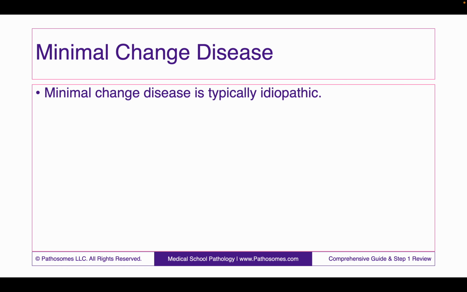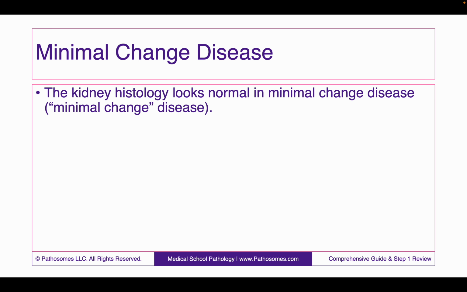Minimal change disease is typically idiopathic, no known cause, but it can be linked to Hodgkin lymphoma. The kidney histology looks normal in minimal change disease, hence the name, minimal change disease.